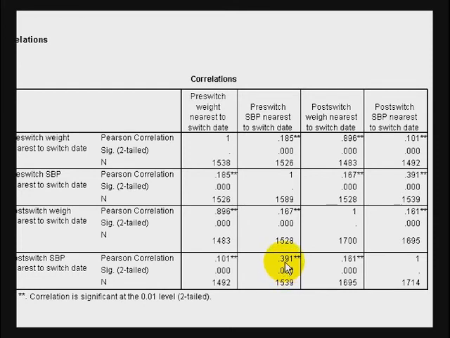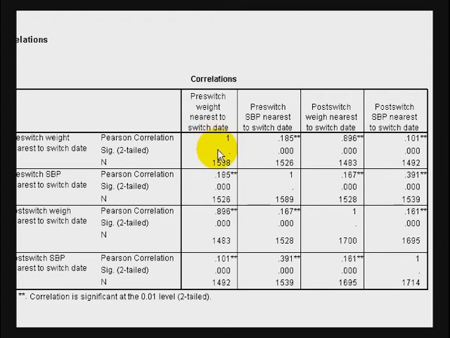Whoa! It's 0.39. So it really is quite a bit different than this 0.90. The blood pressure evidently really does change between time 1 and time 2 because these correlations are not all that high.